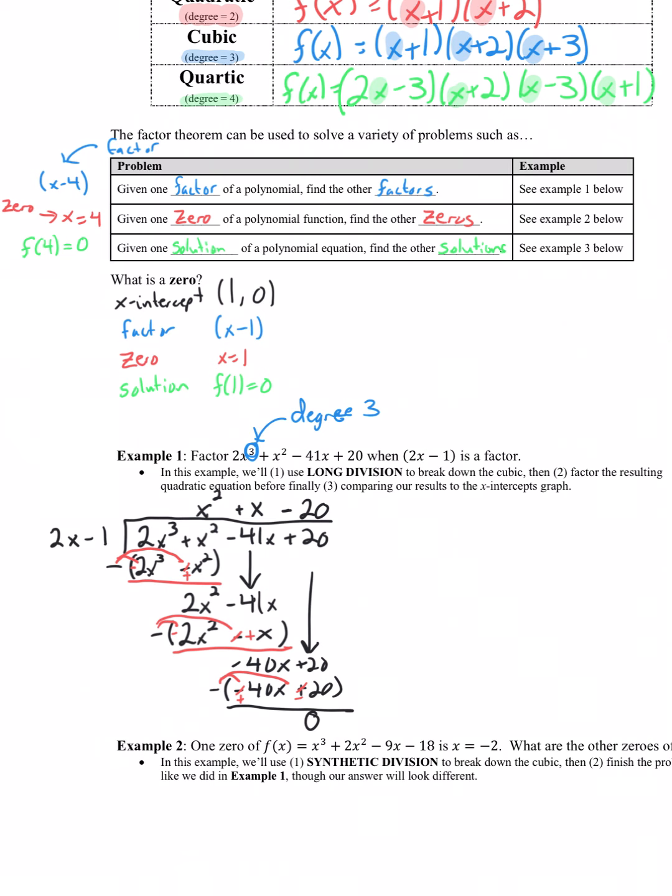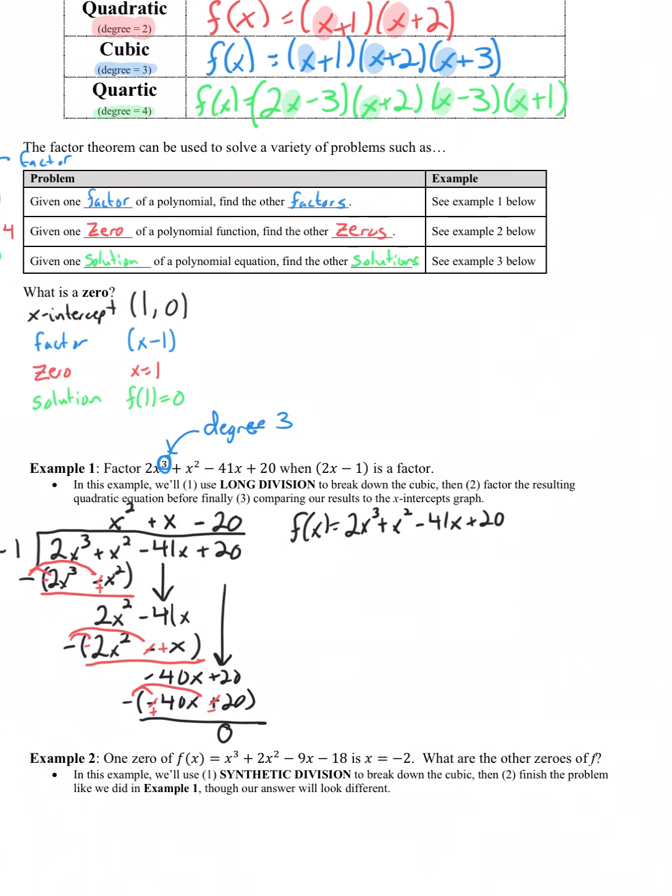So what I just did was I took the expression in standard form, 2x cubed plus x squared minus 41x plus 20. I found a divisor that works, and I divided by 2x minus 1, and now I've got a new quotient, x squared plus x minus 20.